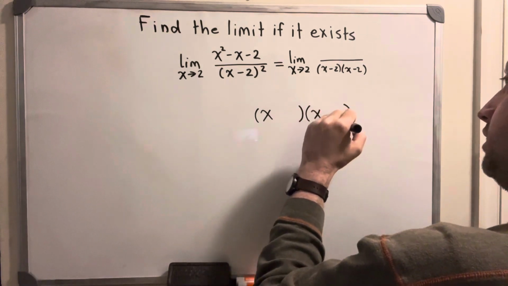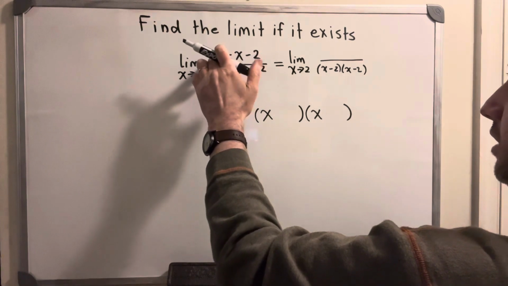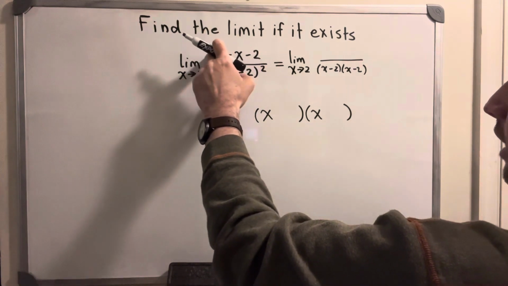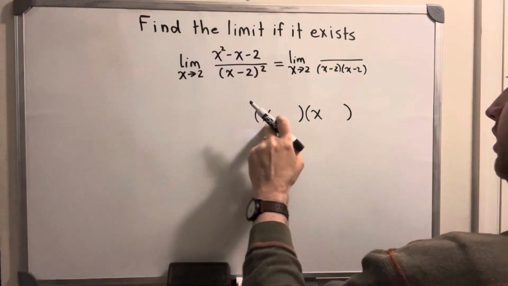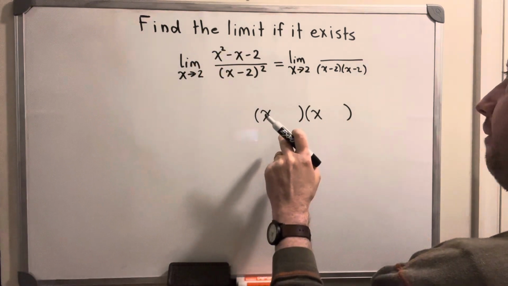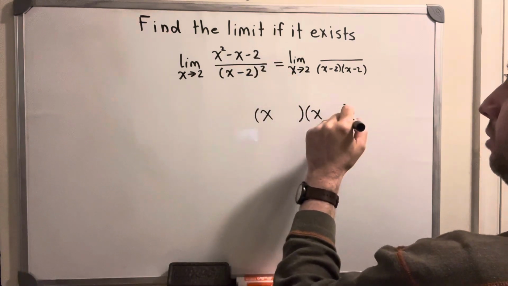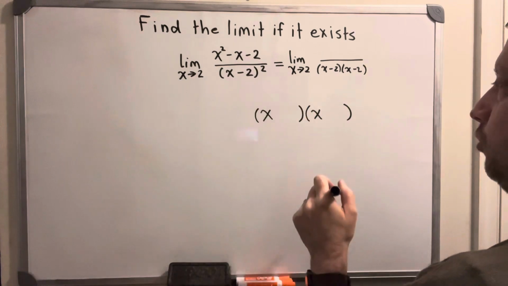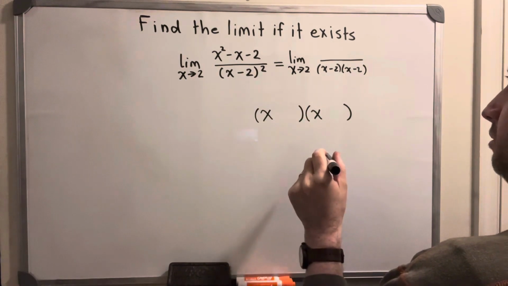Have you ever learned this technique, which sometimes has a solution, sometimes not? First of all, we know that x squared has a coefficient of 1, so I just put x and x. And these two terms will have to multiply out and equal -2 when you multiply them.